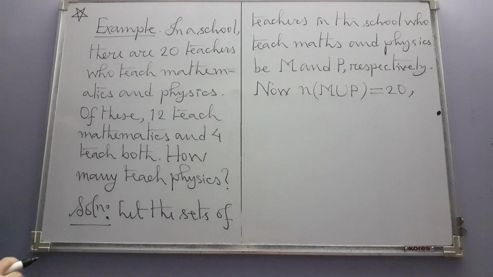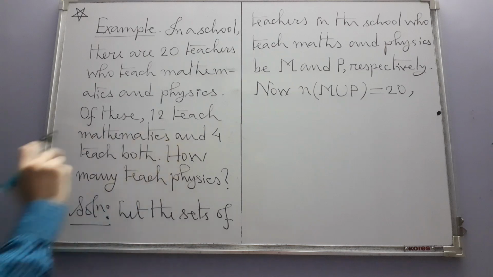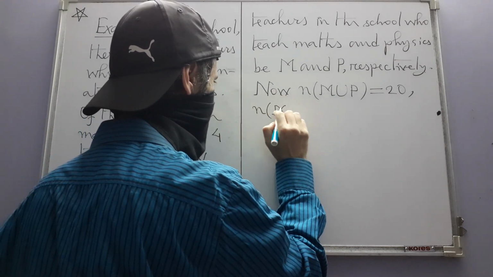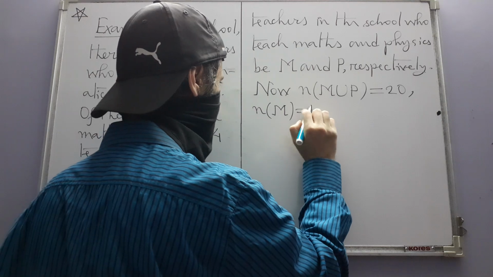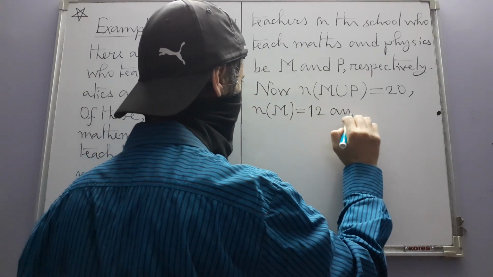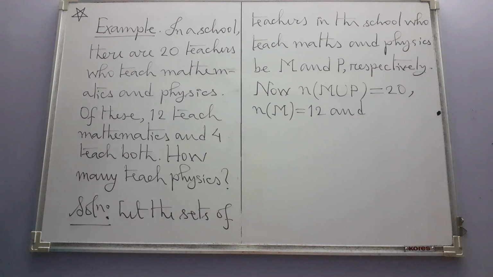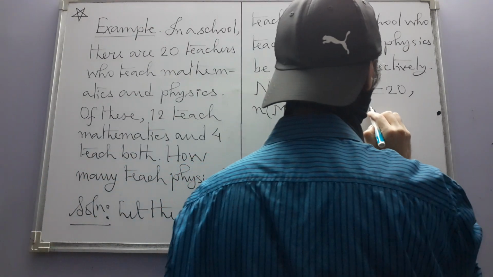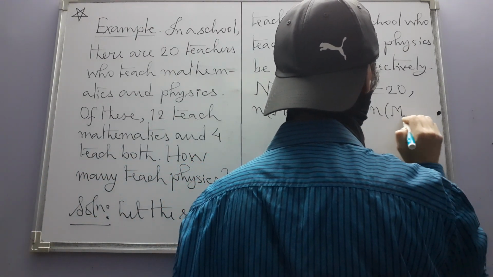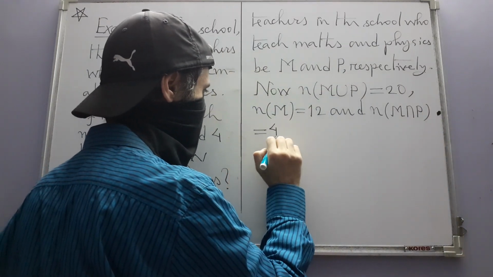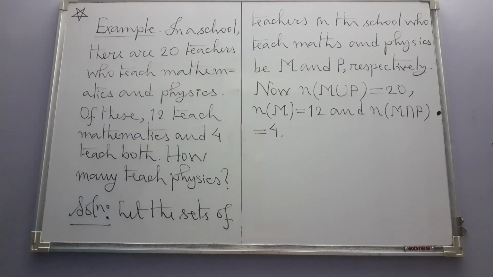Also, it's given that 12 teach mathematics, so the number of elements in M is 12, and 4 teach both the subjects, so the number of elements in M intersection P is 4.